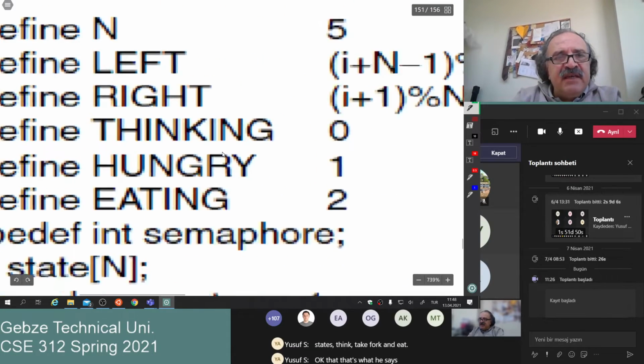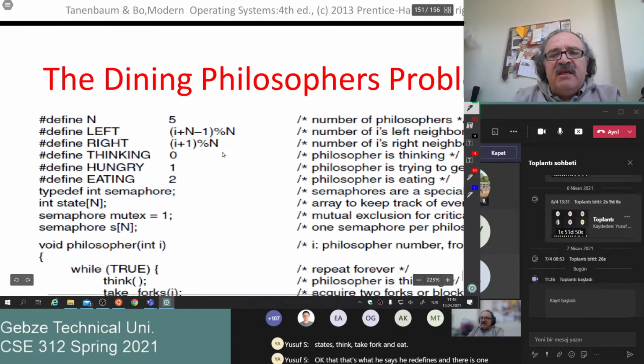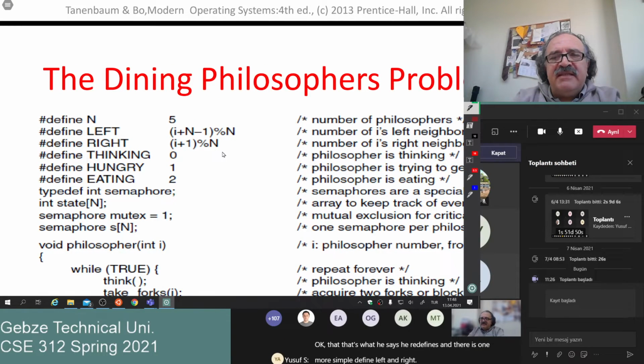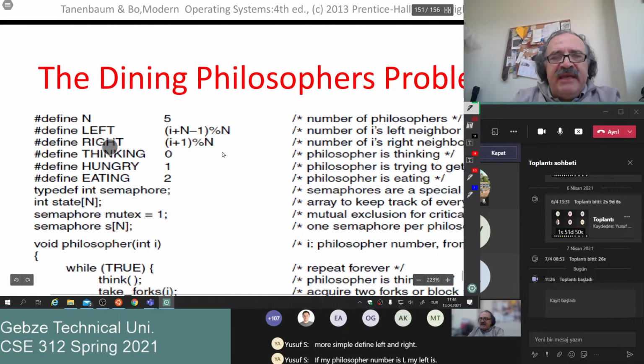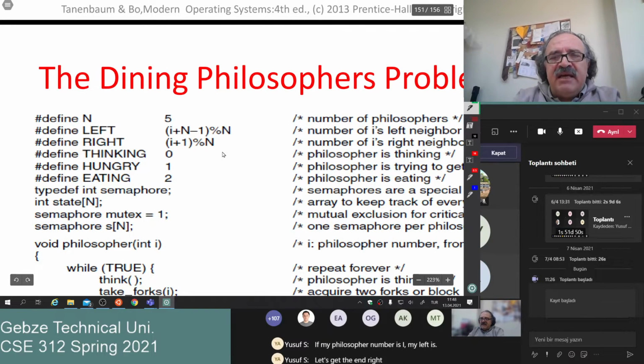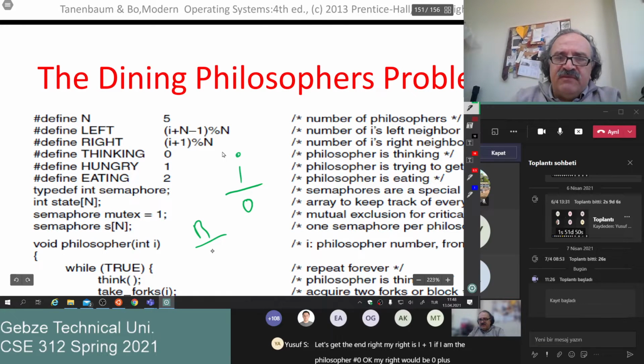Theory defines, and there is one more simple define, left and right. If my philosopher number is I, my right is I plus 1. If I am philosopher number 0, my right would be 0 plus 1 modulo 5, which is 1.